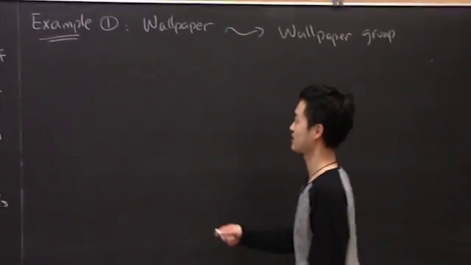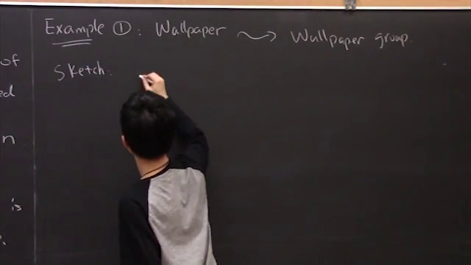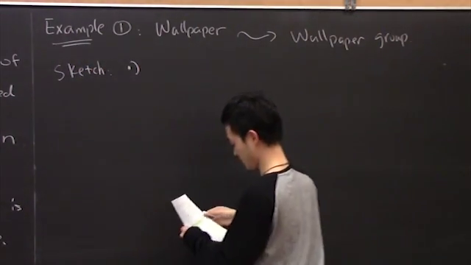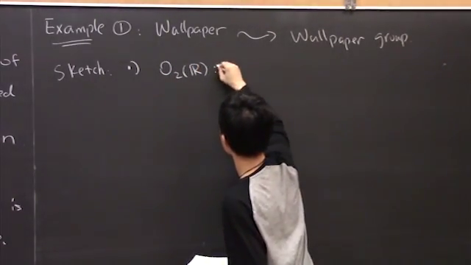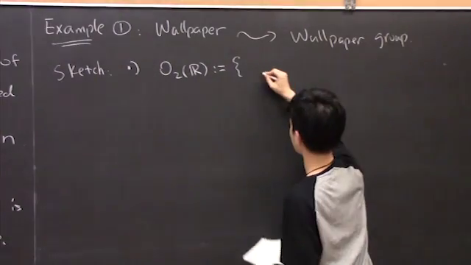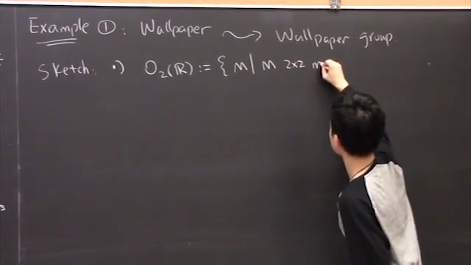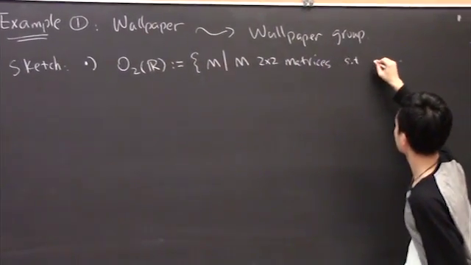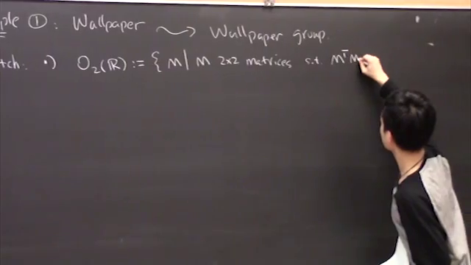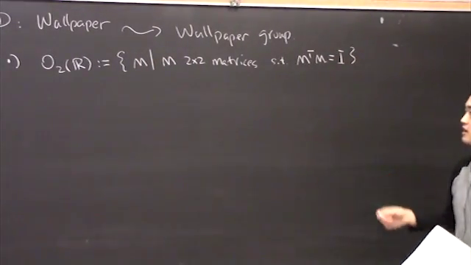And now let's look at a sketch of the proof. Firstly, we need to define a new group. We collect all the 2 by 2 matrices M such that M transpose M equals the identity matrix. This is called the orthogonal group.